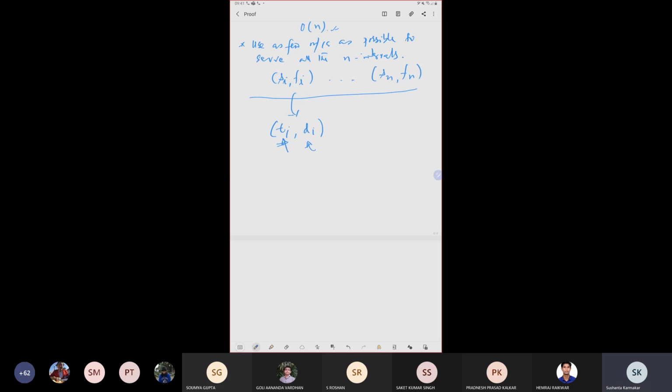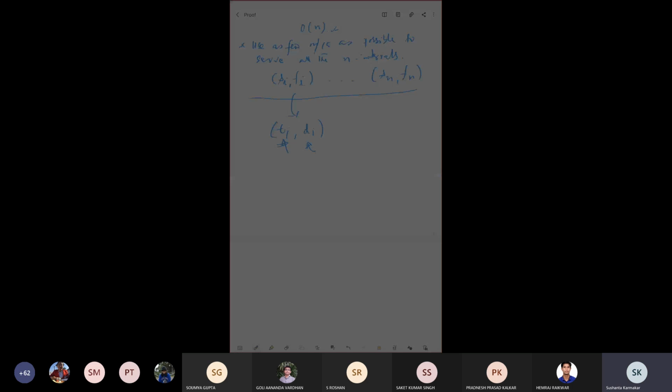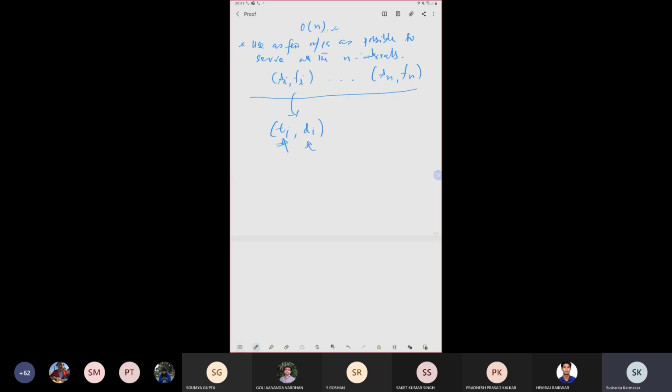So instead of Si, Fi, each interval comes with this ti, di. So in this case, what is the problem? If such an interval comes, then how will you schedule? One thing is, of course, what can be an objective function in this particular case?